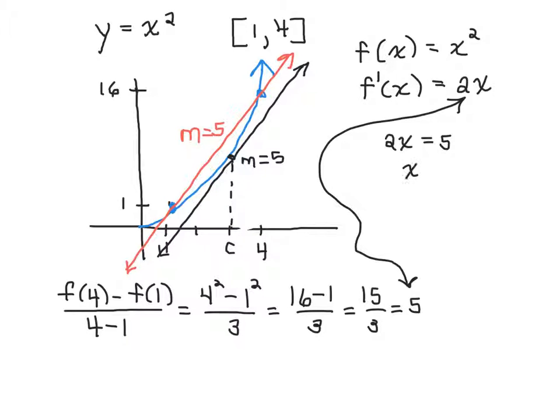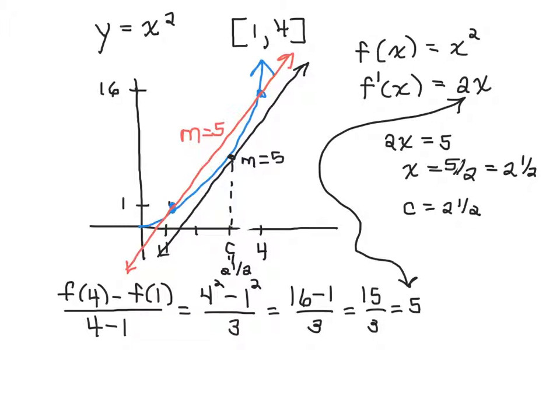Divide by 2, we have x is 5 over 2, which is 2.5, right? So that's our C value there. Our C value is 2.5, because when C is 2.5, f prime of 2.5 is 5.